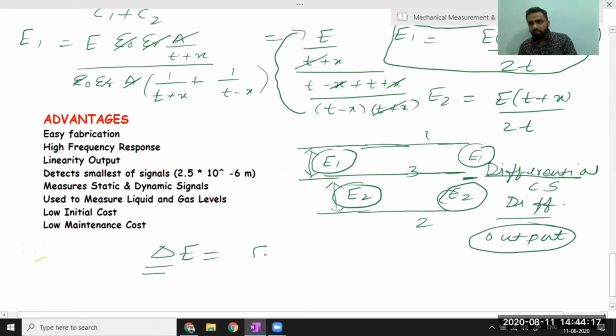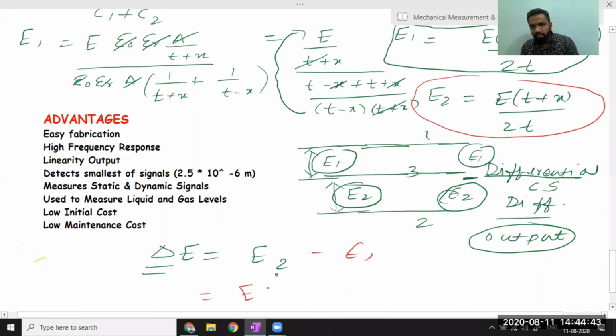You can write it as E1 minus E2 or E2 minus E1, whichever value is larger. You can see T plus X will have the larger value, and the other has T minus X. So automatically E2 minus E1 will happen.